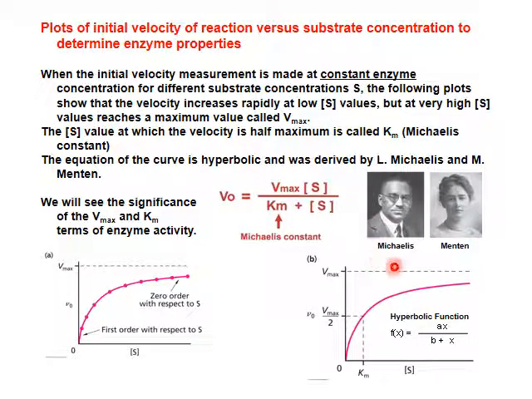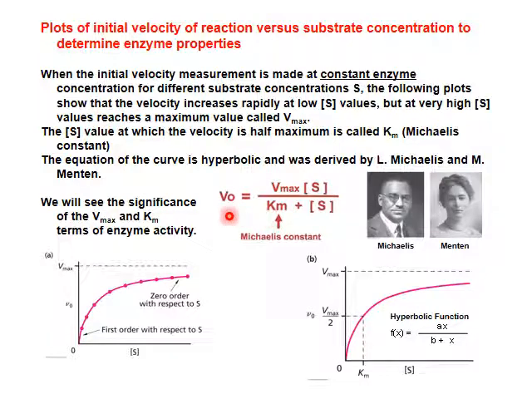They made an important contribution to the field of enzymology, and it's reflected in the Michaelis-Menten equation, which is shown here. We have our initial velocity, that initial burst of the linear portion at early time points, given a concentration of substrate and enzyme, and it's related to the following expression shown here.